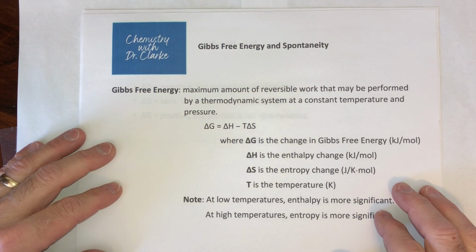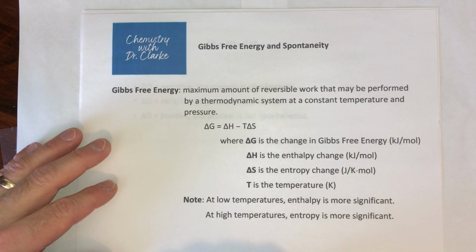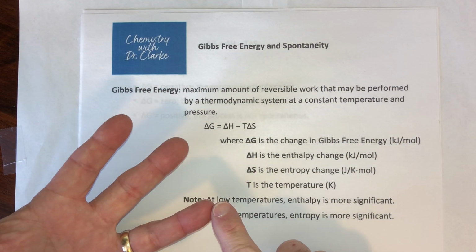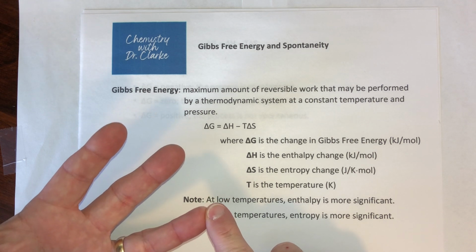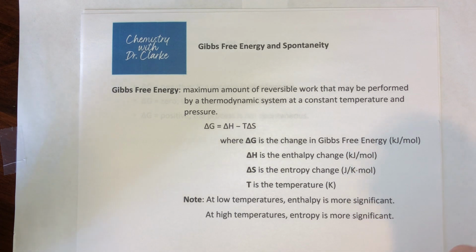If you are attempting to decide if a reaction is spontaneous or not, but you don't have any numbers given, so you don't have any of the enthalpy changes, you don't have any of the entropy changes, then I have a separate video that discusses how you would predict whether something is spontaneous if you don't have any of the numbers.